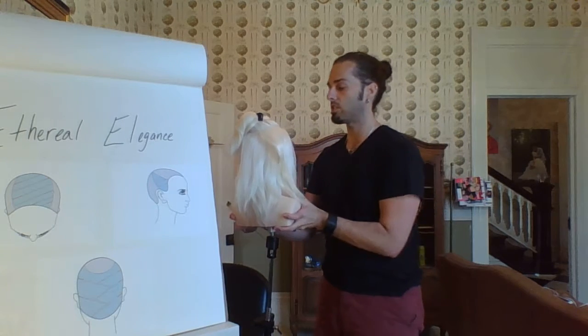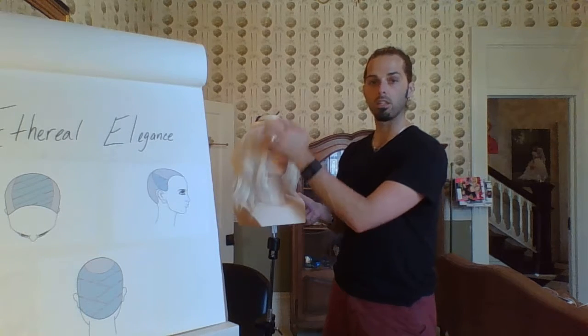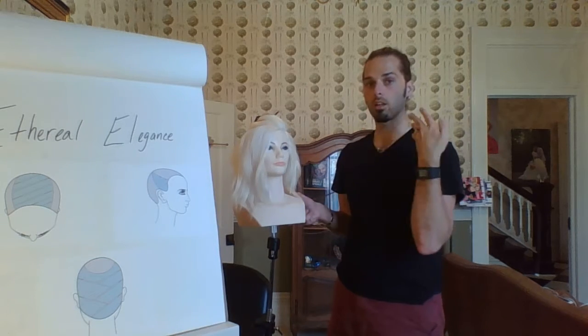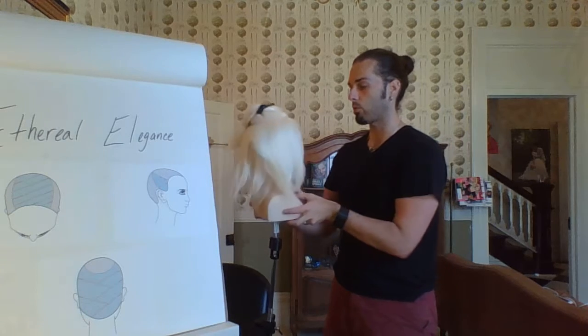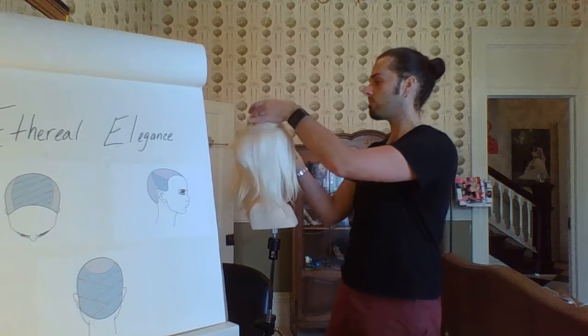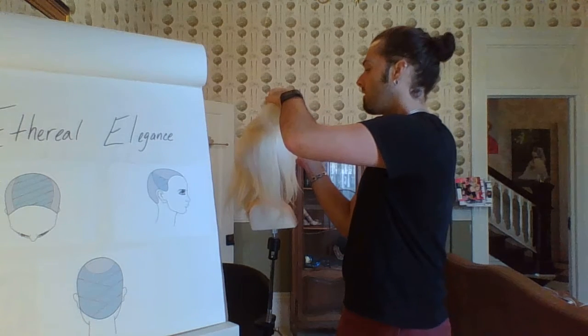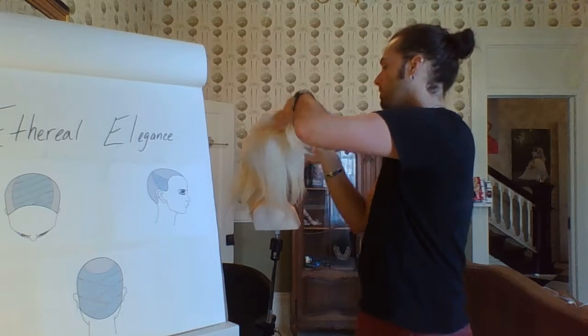So when it falls across her face, we're going to have that nice brightness as it comes across our client's face. We're not going to have to worry about those dark pieces on the heavy panels. Since we're working towards our part, it's going to fall very nicely, very beautiful.